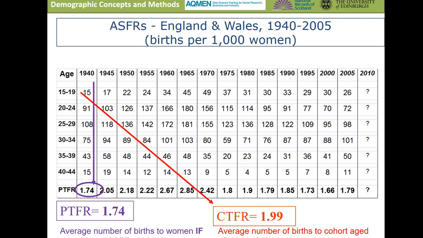They will reach the age of 20 to 24 in 1945, by which time their age-specific fertility rate is 103, and so on. So if we sum diagonally, we can estimate a cohort total fertility rate of 1.99. So you can see this is higher than the period total fertility rate, indicating that that cohort in 1940 experienced higher levels of fertility than was the case in the snapshot of data in 1940.